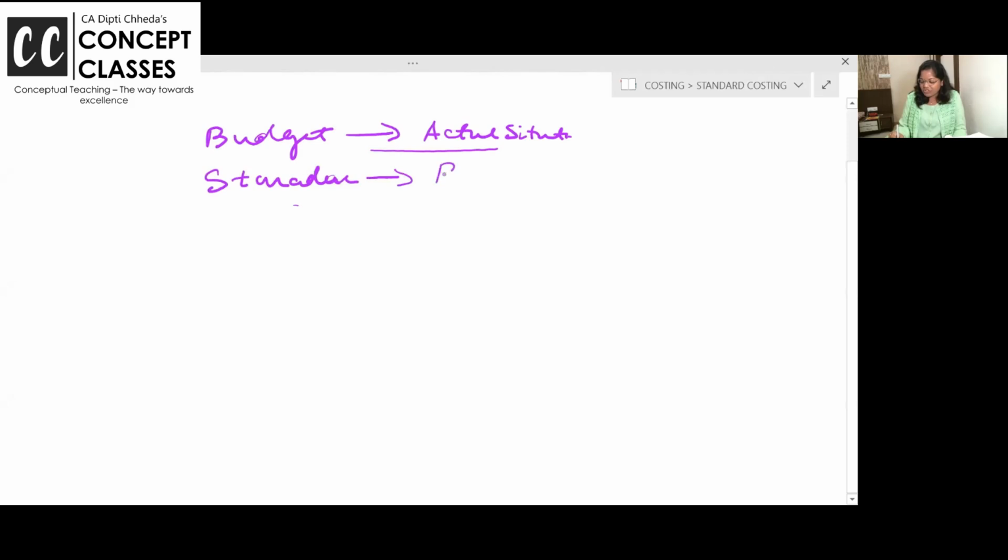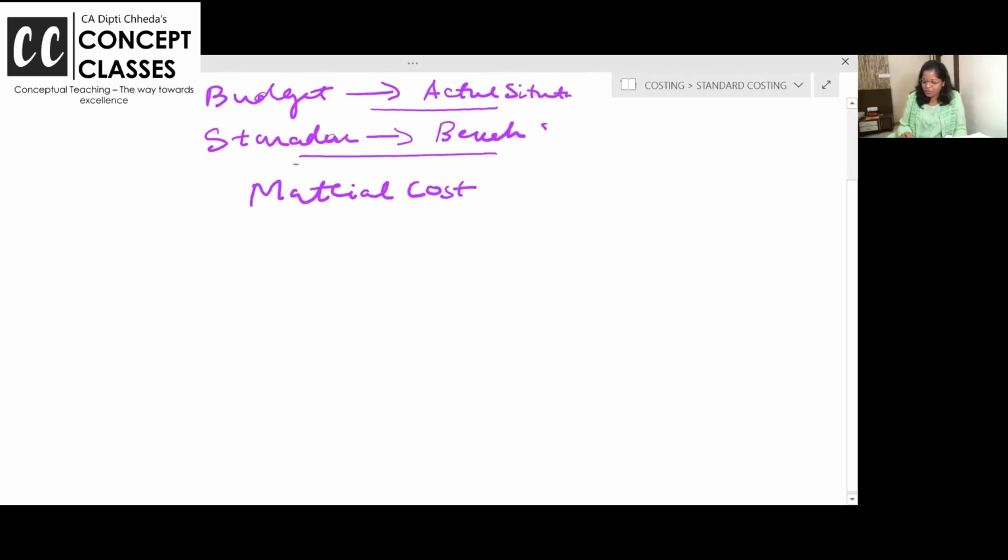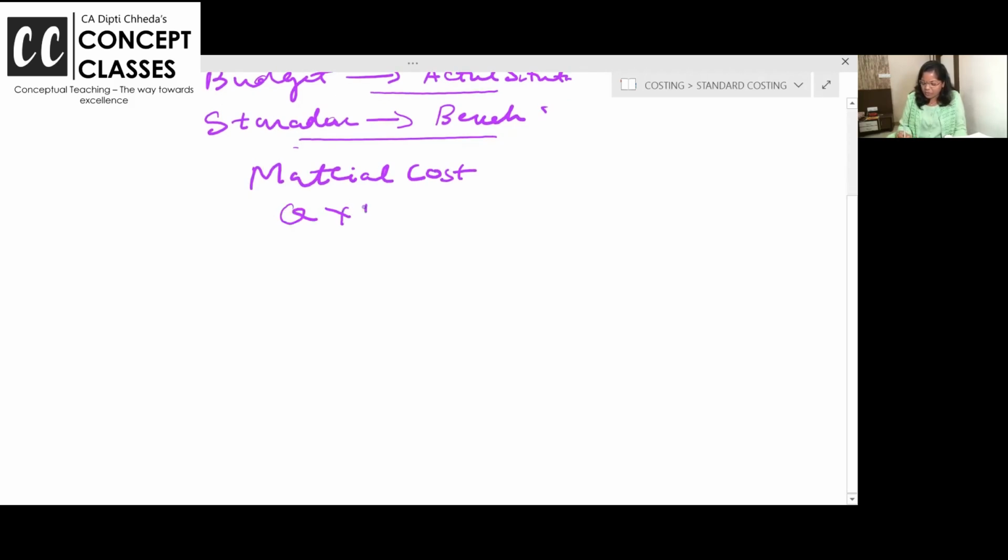Standard is the benchmark, what it should be, right? For example, suppose you take material cost. Now, all of you know material cost is quantity into price. That is the total material cost.